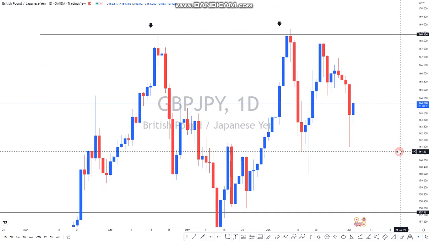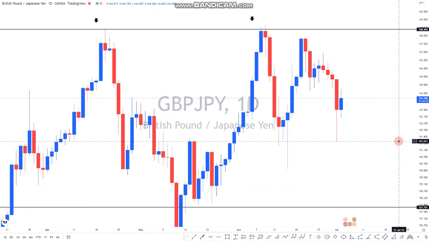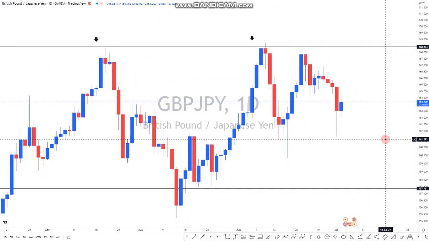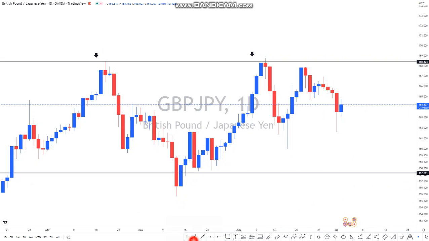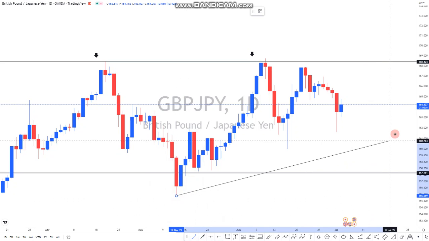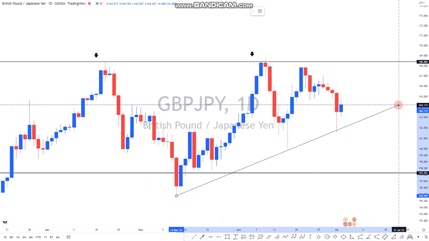Spotting my 1 day time frame hapa, as you can see, all of you kama mnavyoweza kuona, this is the 1 day time frame. So I'll just spot my trend line around this area. As you can see, there's a good trend around this area here, na trend nzuri tu hapa.